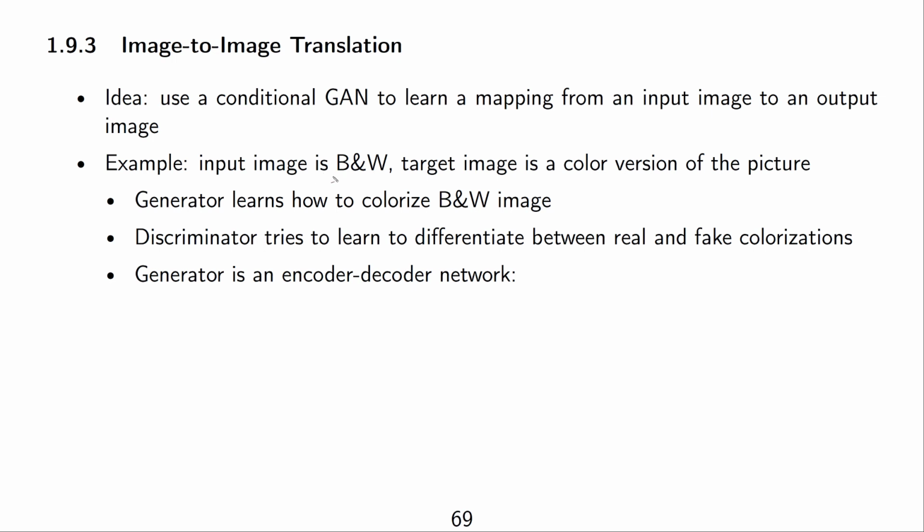For example, the input image is a black and white image, or let's say a grayscale image, and the target image is a colorized version of the image. So the generator would learn how to colorize a black and white image, and the discriminator tries to learn to differentiate between real and fake colorizations.